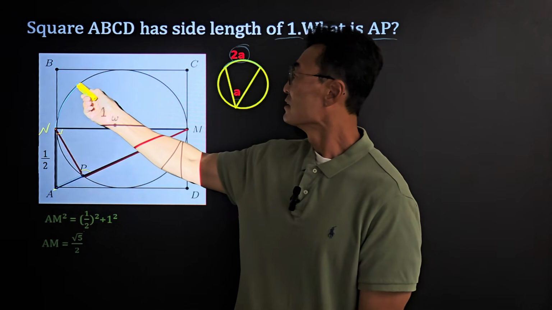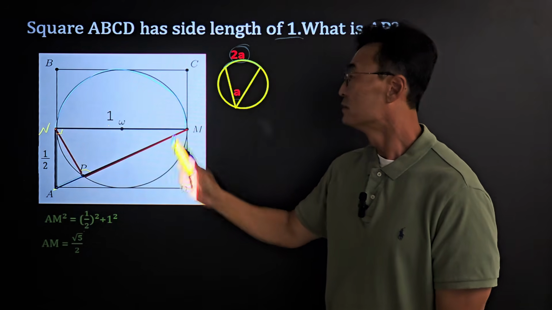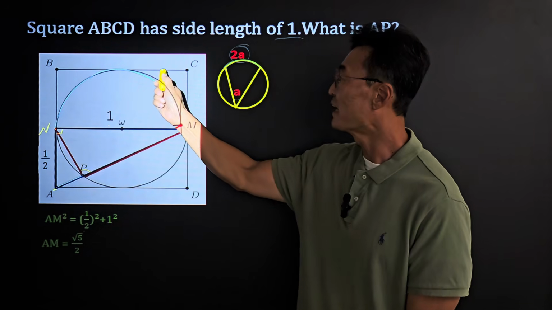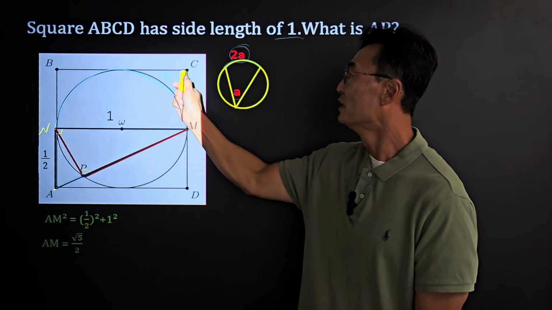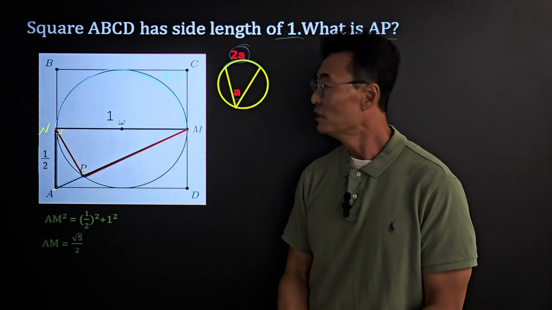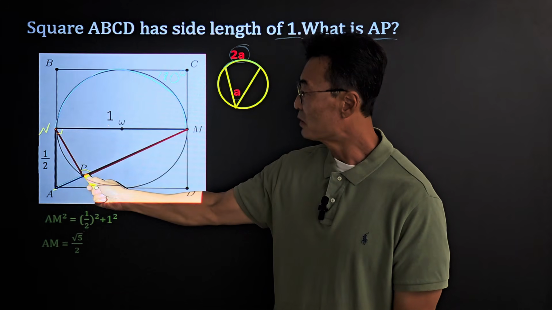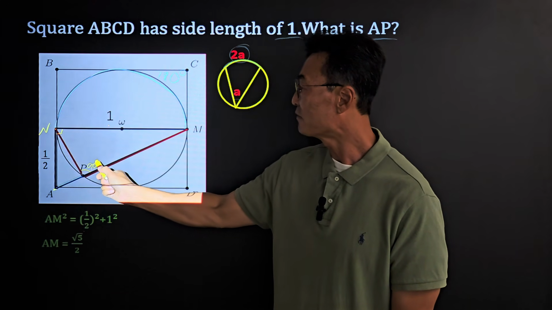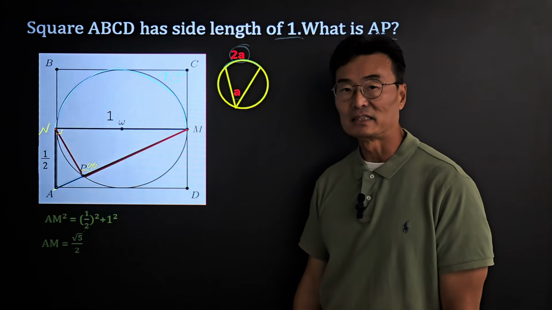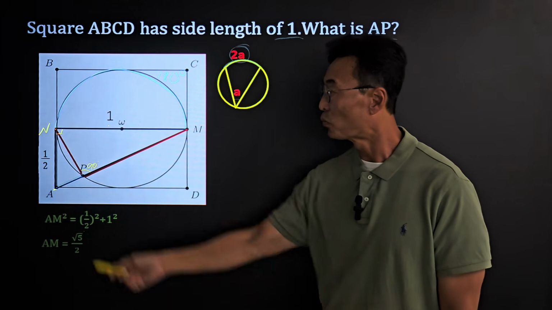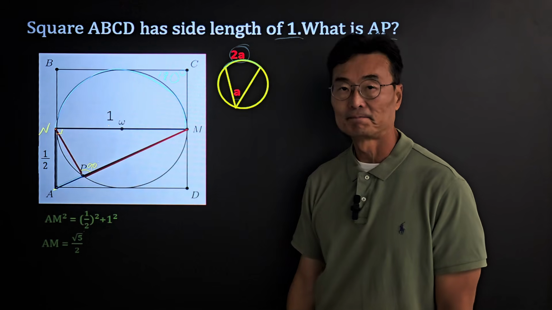Remember, this is half of the circle, which means it has an arc measure of 180 degrees, so the inscribed angle here is going to be half of 180, or 90 degrees. So we now have a right triangle here on the right.